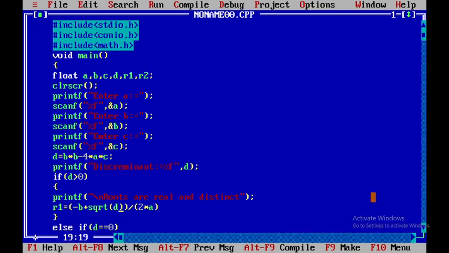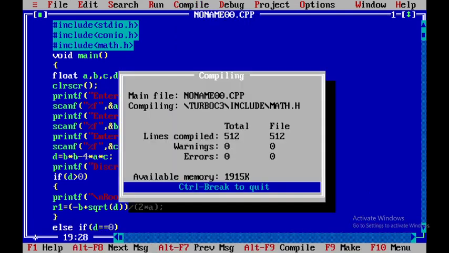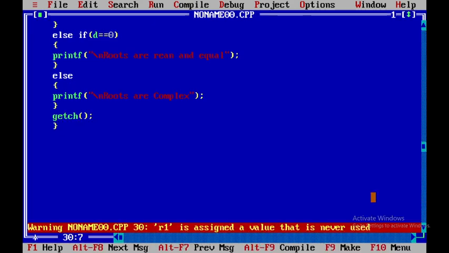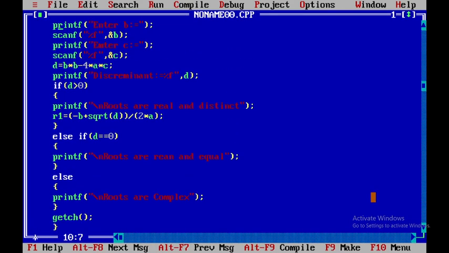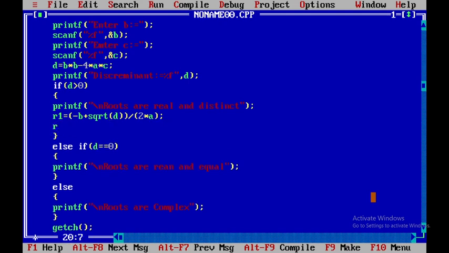Okay, so r1 is minus b plus. Similarly, what is r2 here? r2 is equal to minus b minus square root d divided by 2 star a, one time plus, one time minus.